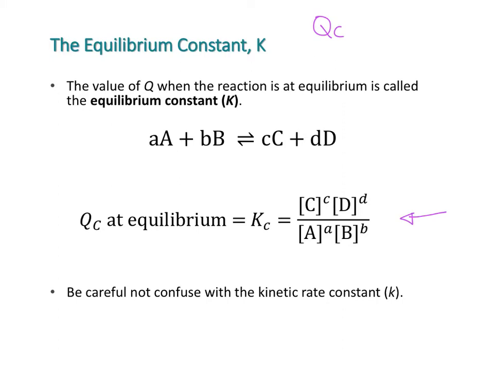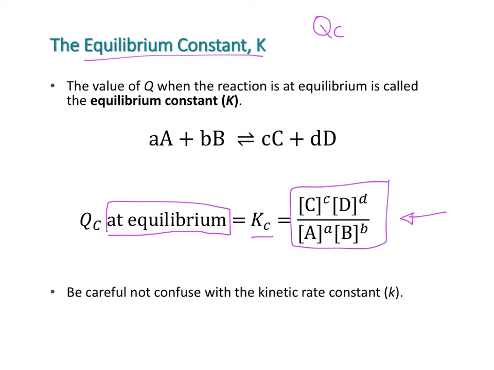So QC, the reaction quotient at equilibrium, so specifically at equilibrium, we call it Kc, the equilibrium constant. And the overall calculation of it is exactly the same way as the reaction quotient. It's just specifically the concentrations that you will plug in here are the ones at equilibrium.